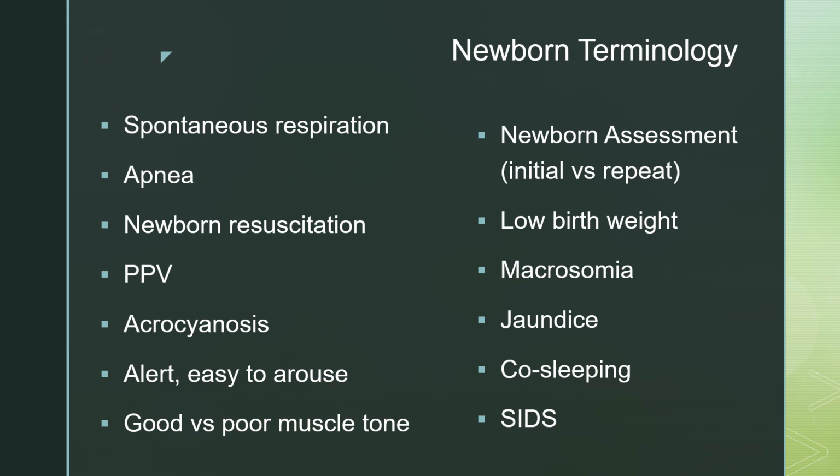Repeat exams are a little more focused: vital signs and cardiovascular assessments, making sure the baby's breathing well, the muscle tone and heart rate are good, and the baby's nursing well. Those are more focused follow-up assessments.